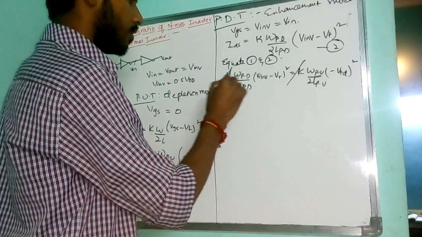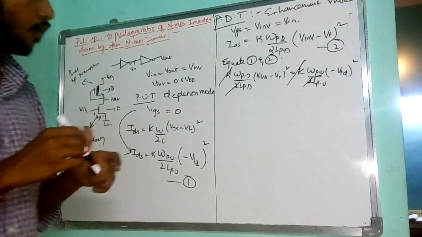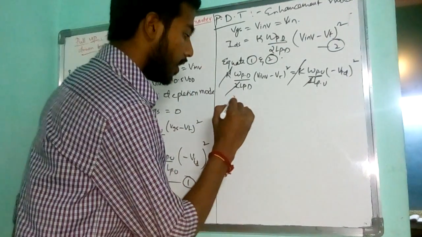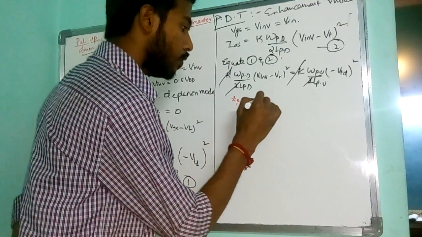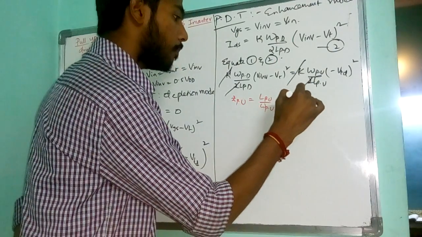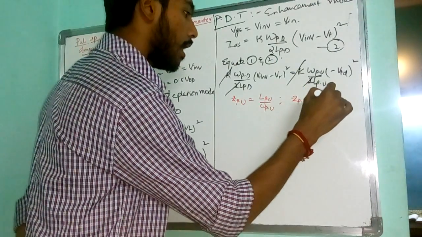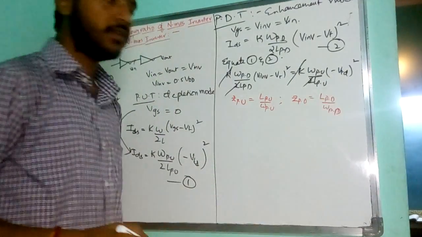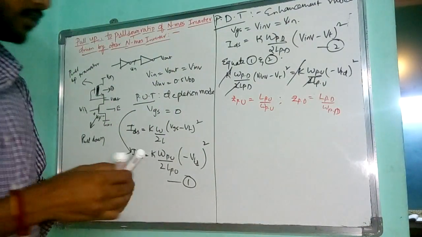Now cancel the constants. We have W PD by L PD, W PU by L PU. Let ZPU is equal to L PU by W PU, and ZPD is equal to L PD by W PD. We are taking this ratio as a constant.